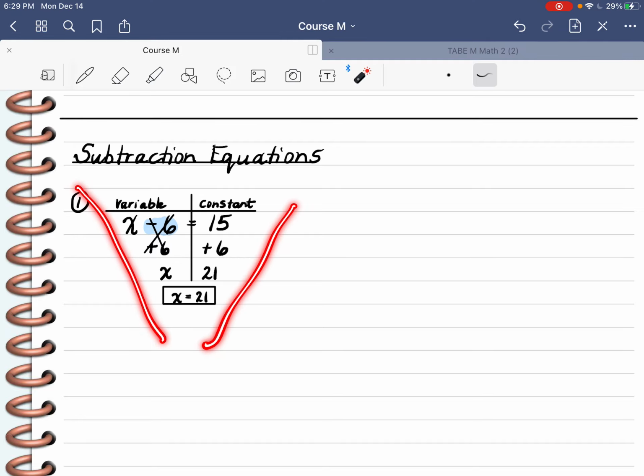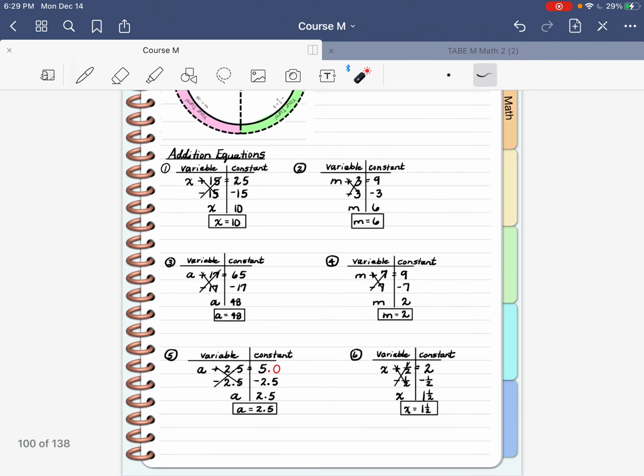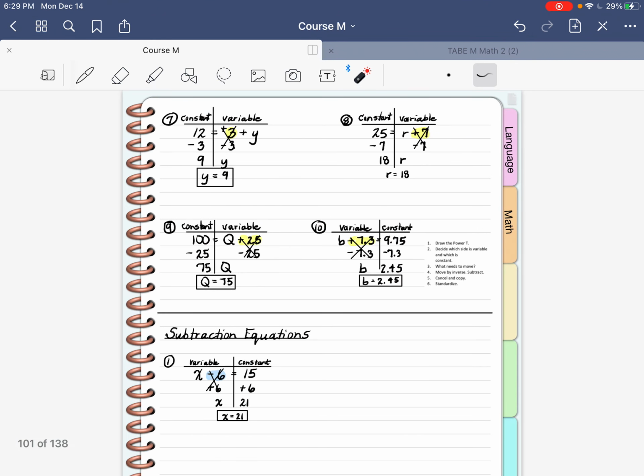So always look for that shape. Keep your work neat. Don't let yourself get in the habit of making a mess, because this is a very organized process. And if you don't keep it organized, it's going to be hard. So we are doing baby equations compared to what's coming. So keep everything nice and neat. It's just a good rule of thumb.